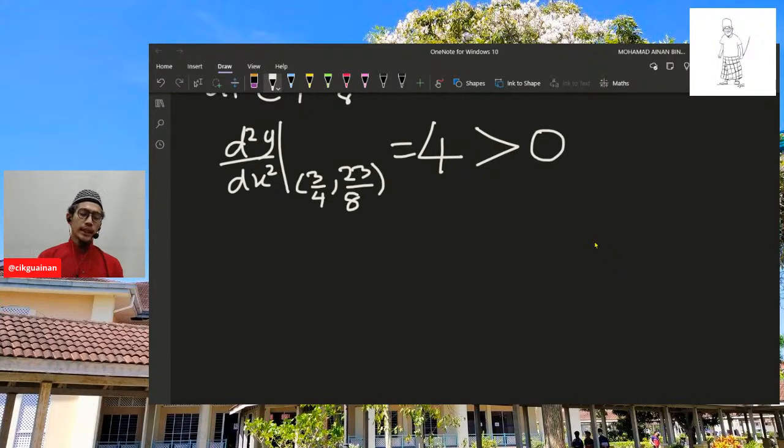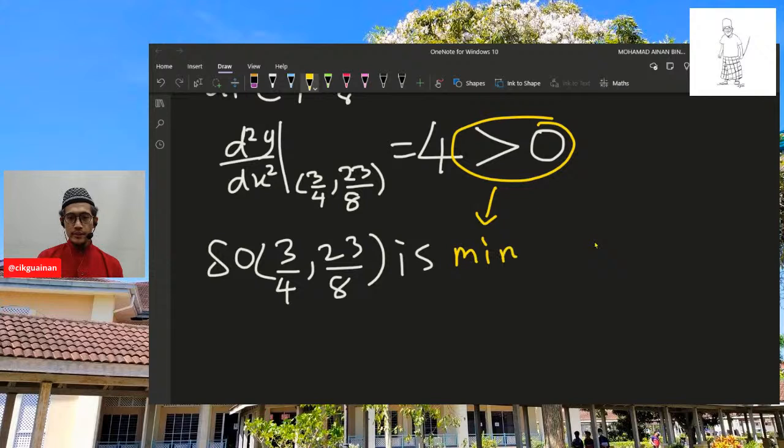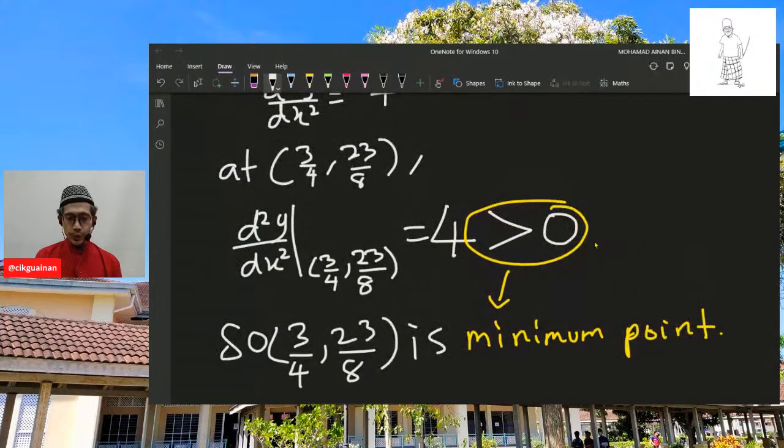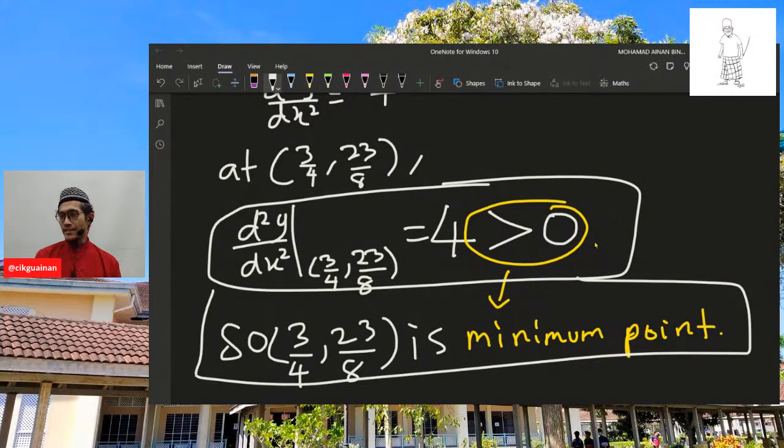Greater than 0. Greater than 0, it means what? It means, so, 3/4, 23/8 is, if it's greater, then it's a minimum. Okay, it's a minimum. Please do this exactly like this and write this sentence exactly like this.